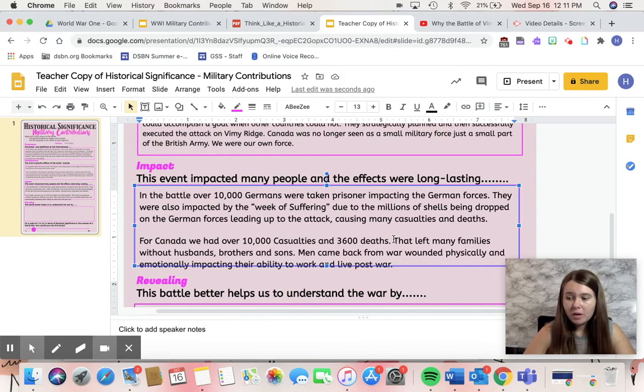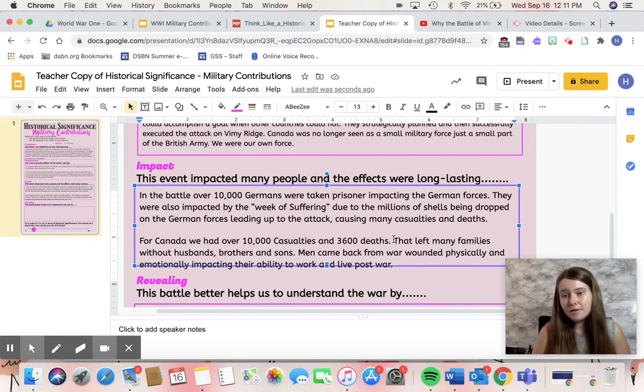Up until this point, we really don't have too much support for wounded veterans. We're going to talk about this a little more in depth, but essentially the soldiers come back to Canada and people are terrified by what they see. They see these men with burn marks over their face, shrapnel in their body, and they are very much shunned for looking the way they do because they don't look normal, and now they are disabled.